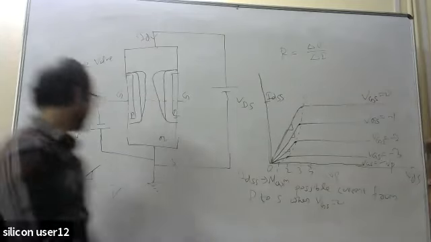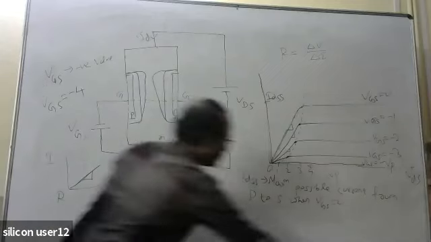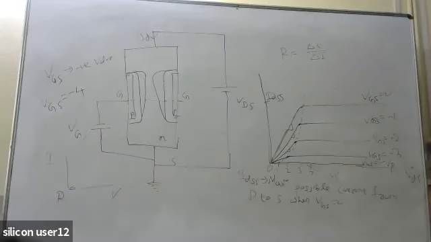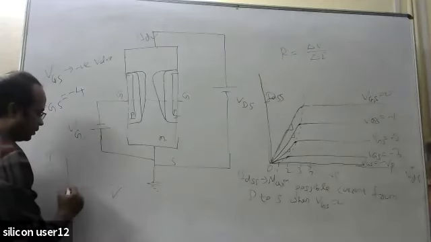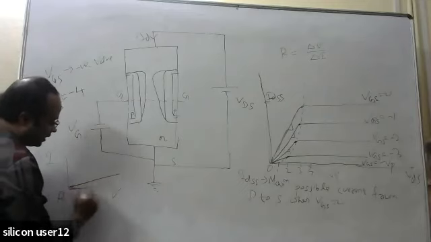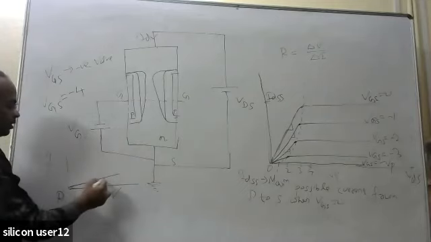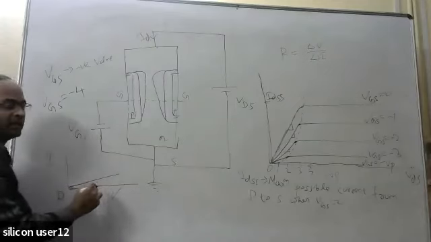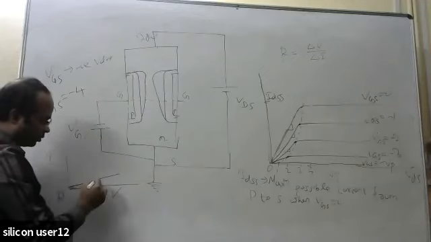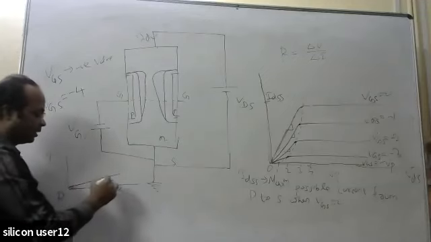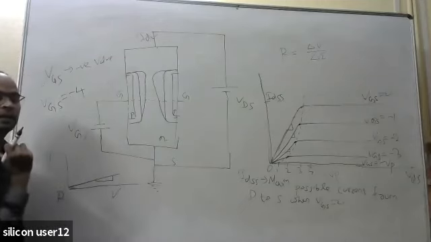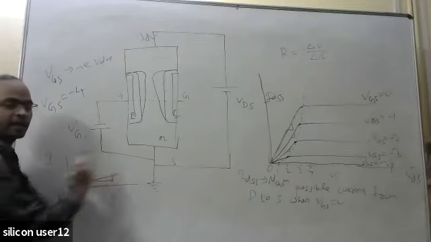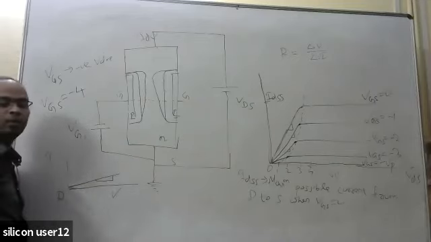Let us say for this example, suppose this is the characteristic between V and I. Here if you find delta V by delta I, that will be more, because resistance is delta V by delta I. Delta V is very large, delta I is small. So that means here R will be more.